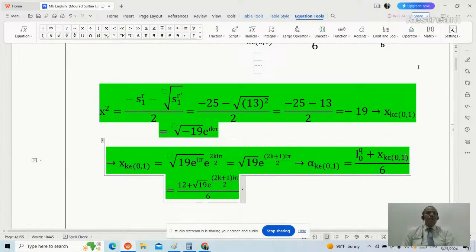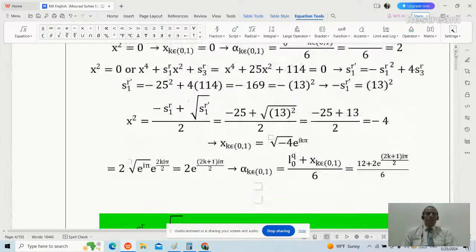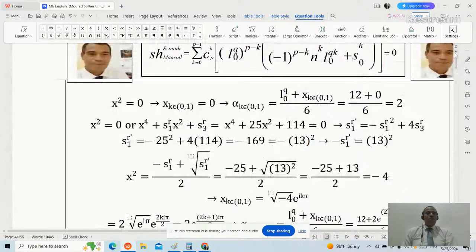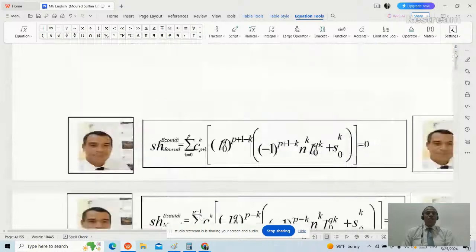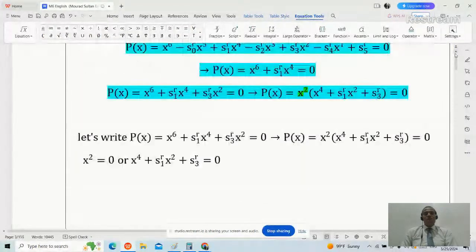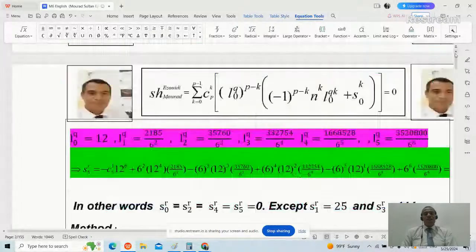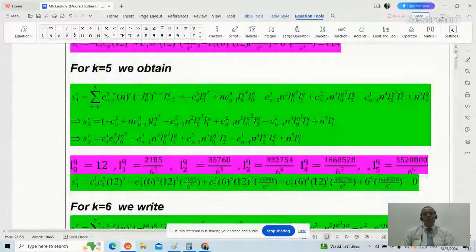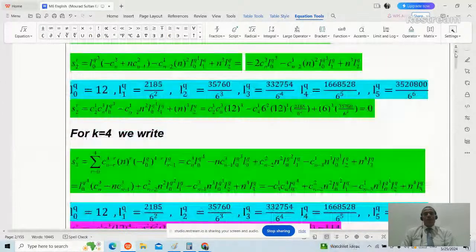Now if we consider the first 2 real roots, we found that it is 2. We are going back to our equation, and we should substitute alpha equal 2, and you will check that it is really a double root for this polynomial to the power 6.